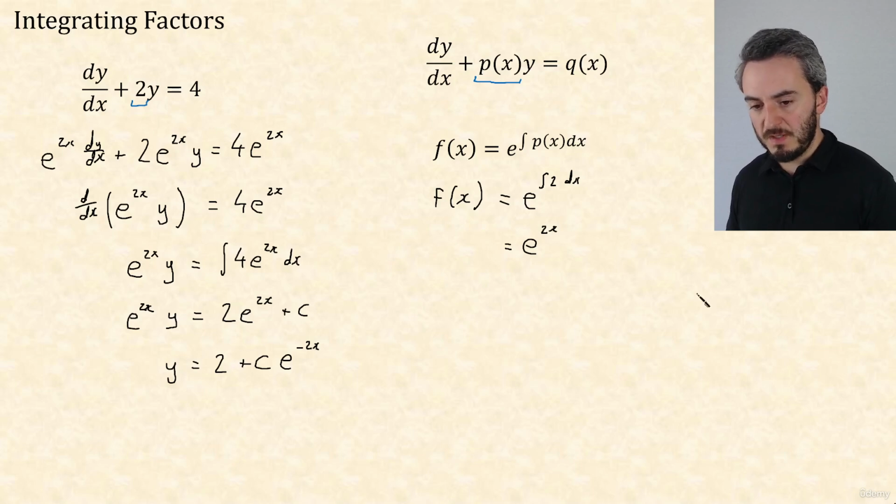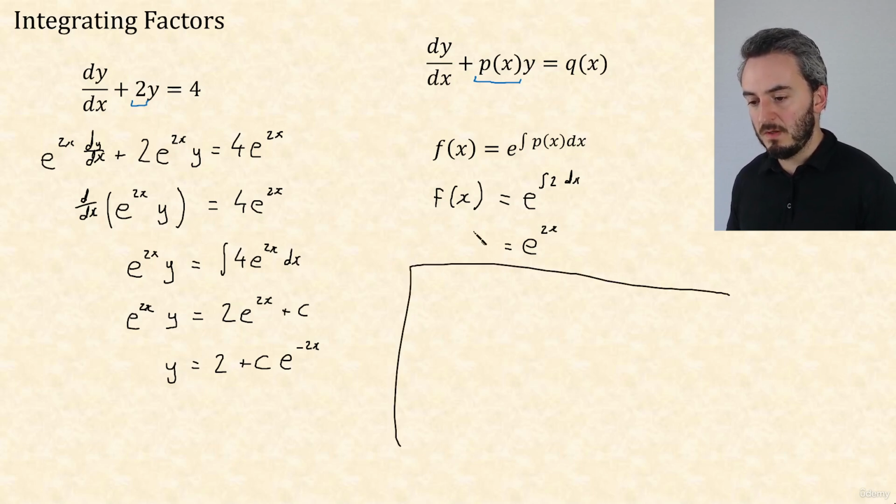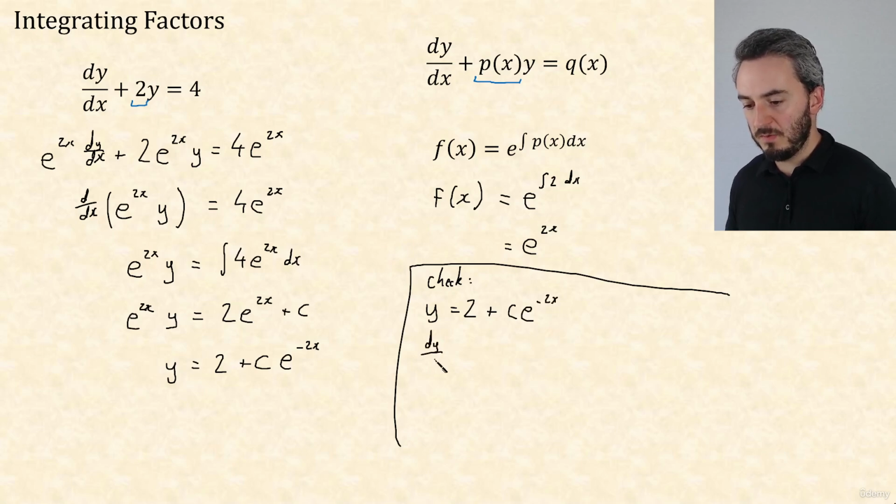This is a check, not part of your standard solution. If y is 2 plus c e to the minus 2x, what is dy by dx? Well, 2 differentiates to 0, and this differentiates to minus 2c e to the minus 2x.